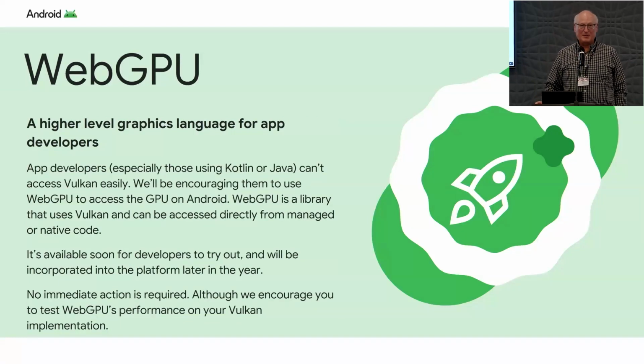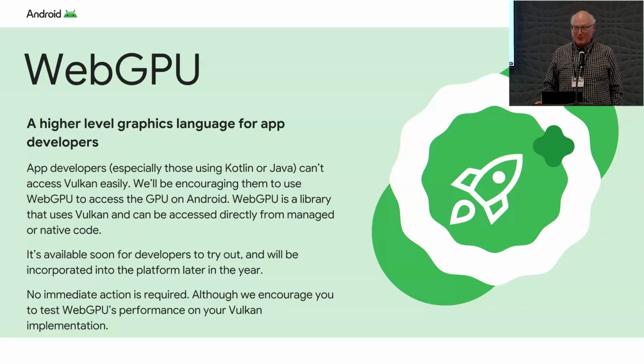WebGPU. So WebGPU is a new API developed in a combination in W3C for web browsers, but Google's implementation has a native implementation similar to Angle, actually started by the same people who did Angle. And so we have this native implementation, and we are going to do C++ and Java and Kotlin bindings so that a regular app can use it.